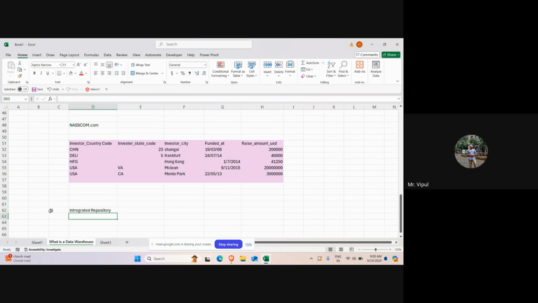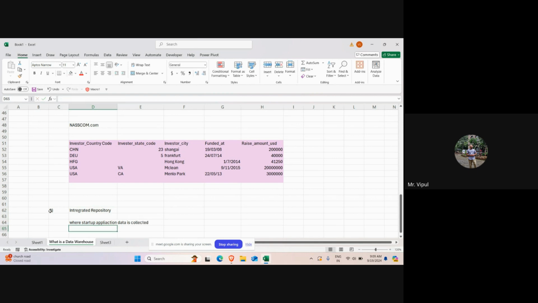So you might have one portal where startup application data is collected.